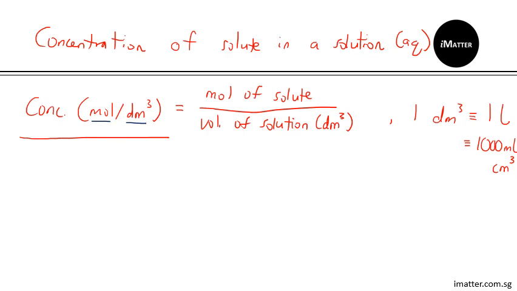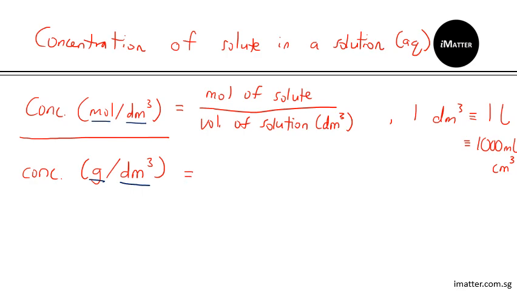Now, the other important concentration unit is in terms of grams per dm cube. Now, again, similarly, the units should give you a hint of how the formula looks like. Grams per dm cube.